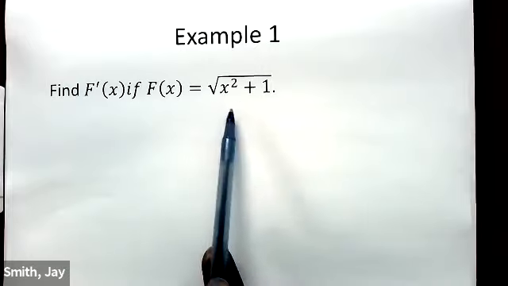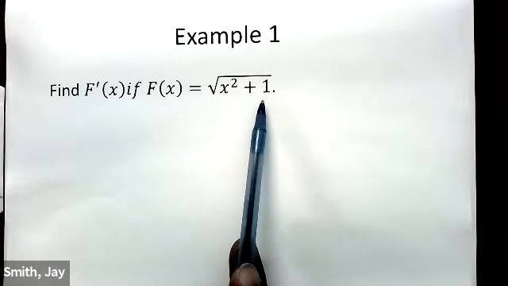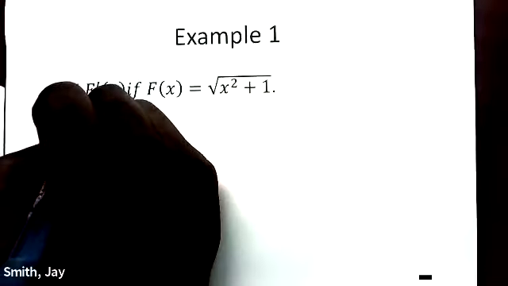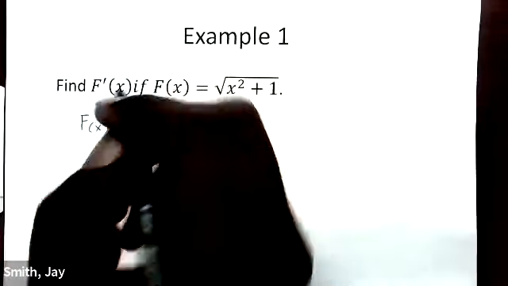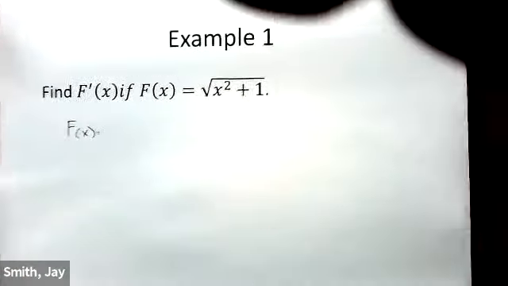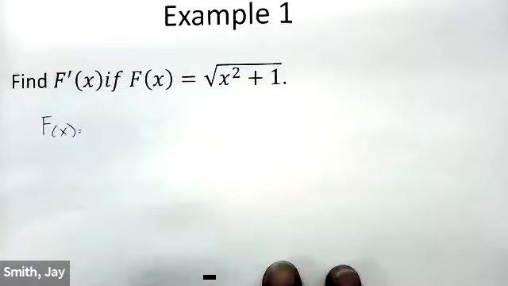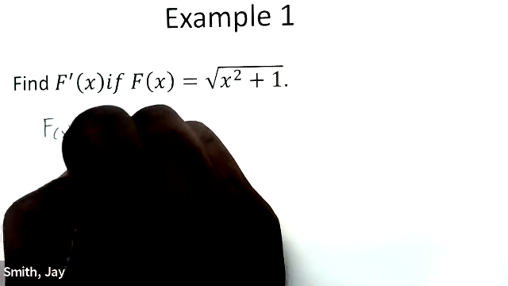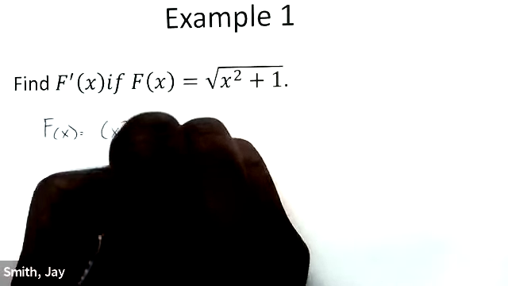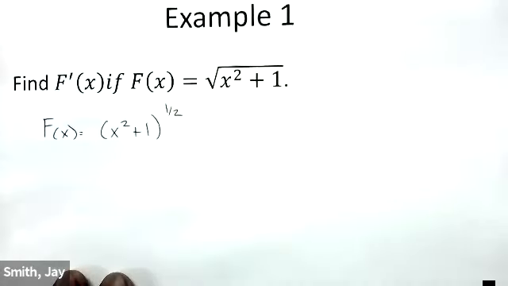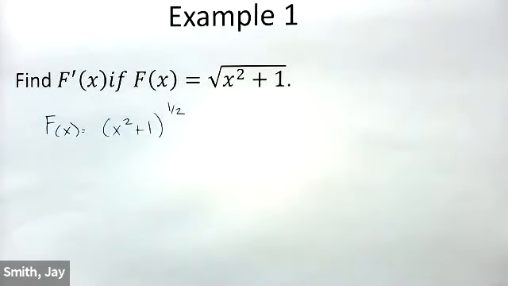Said that to say that the square root of x squared plus 1 can be rewritten, still dealing with f of x, we're not working on a derivative yet. We can rewrite f of x as our radicand, x squared plus 1, raised to the 1/2 power.